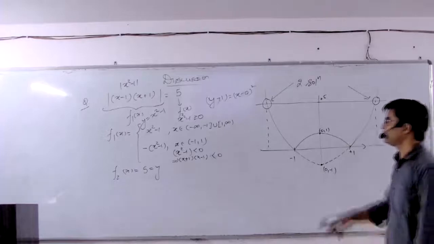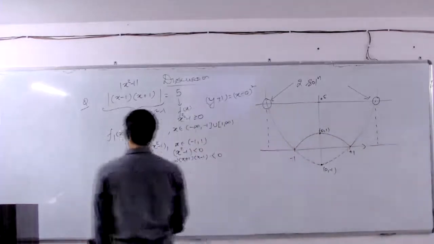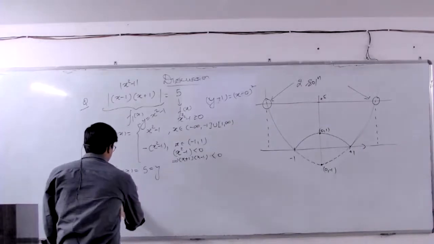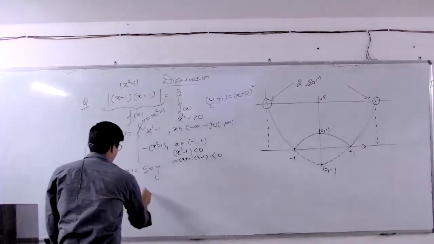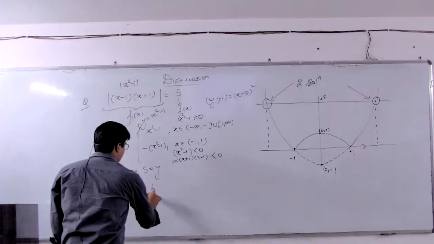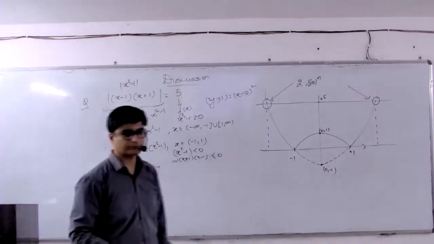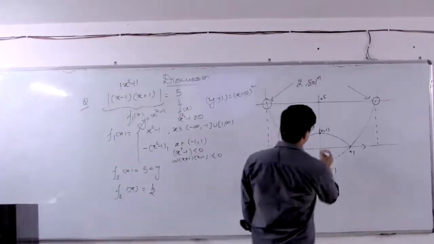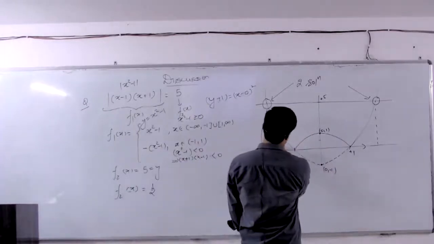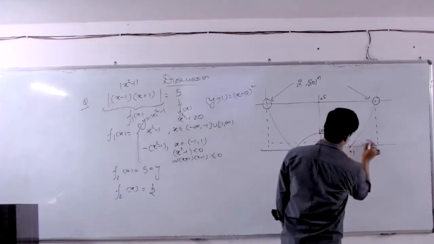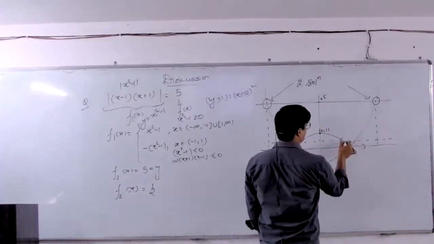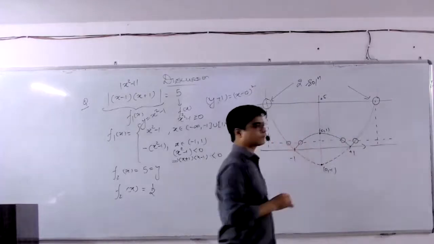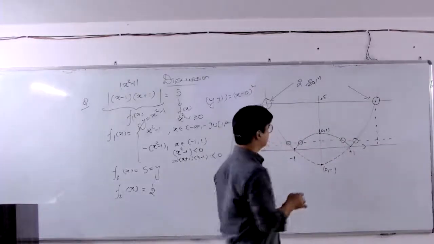Let's say instead of 5, I give 1 by 2. Let's say it is 1 by 2. Then 1 by 2 will be somewhere here. Then you will have 1, 2, 3, and 4 solutions. Yes or no?